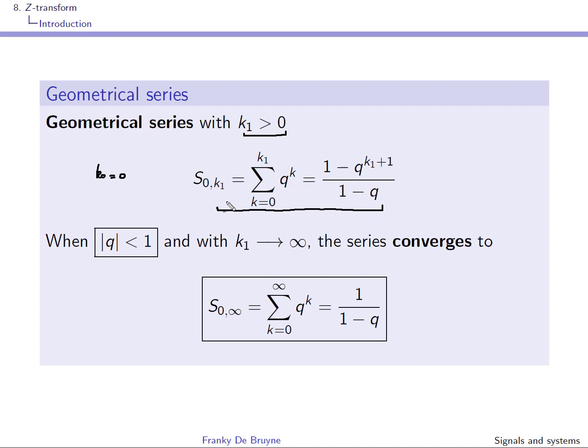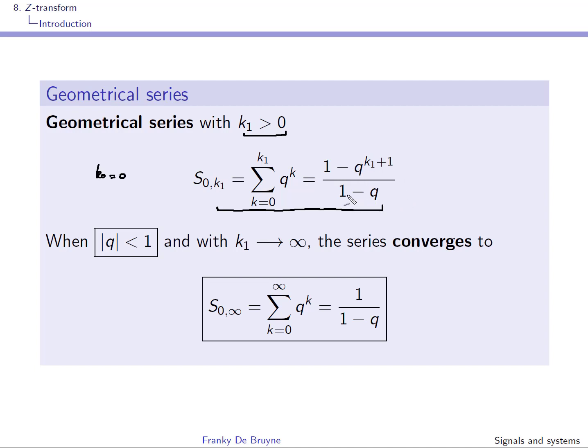And in this course we'll assume that k1 tends to infinity. So what we'll look for is a sum where k ranges from 0 to infinity of q to the power k, right? Well, if you let k1 tend to infinity, if q in modulus is larger than 1, this is not going to converge.